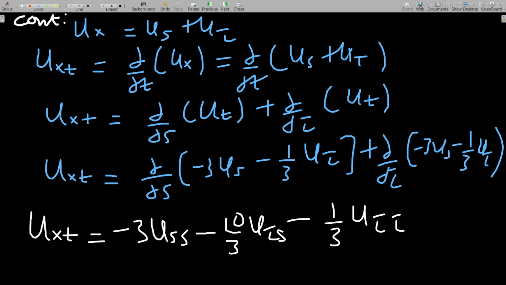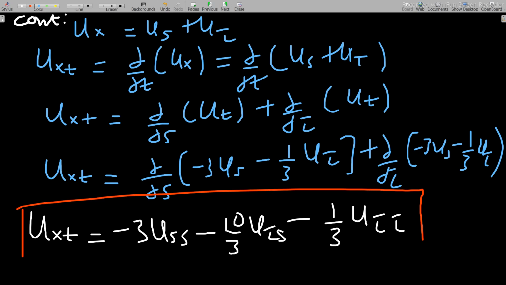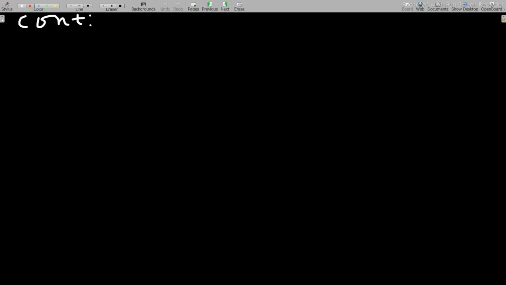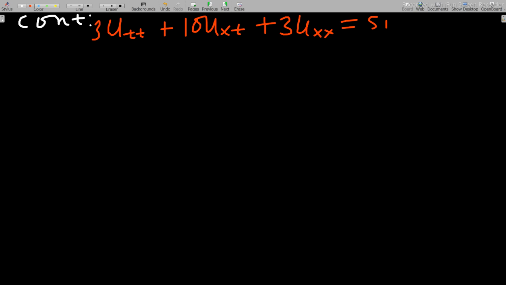So we have all that we need to go. Let's go back to our equation and write it again. The equation here was, the question we were supposed to solve was giving us this: 3U_TT plus 10U_XT plus 3U_XX is equal to sine of x plus t, and we know x plus t from our first derivation is what we just did, and so we simply go ahead and put them in.